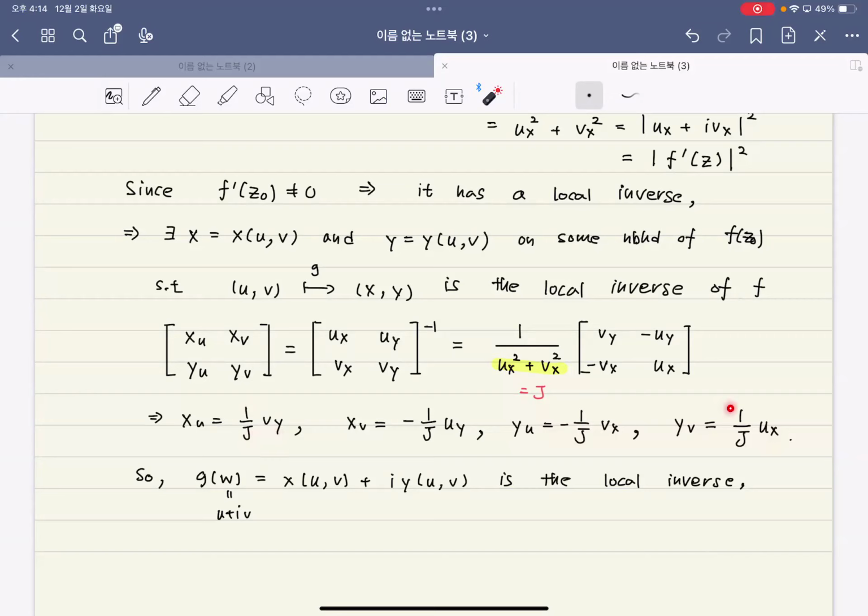Also, you can easily recognize that x_v must be the same as minus y_u, because of the Cauchy-Riemann equations for these two functions. Therefore, this function satisfies the Cauchy-Riemann conditions on this neighborhood. Therefore, this function is analytic.